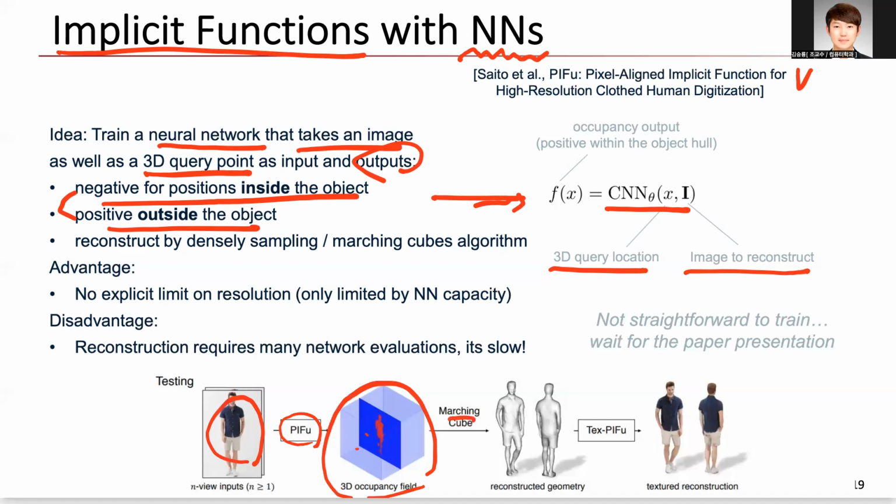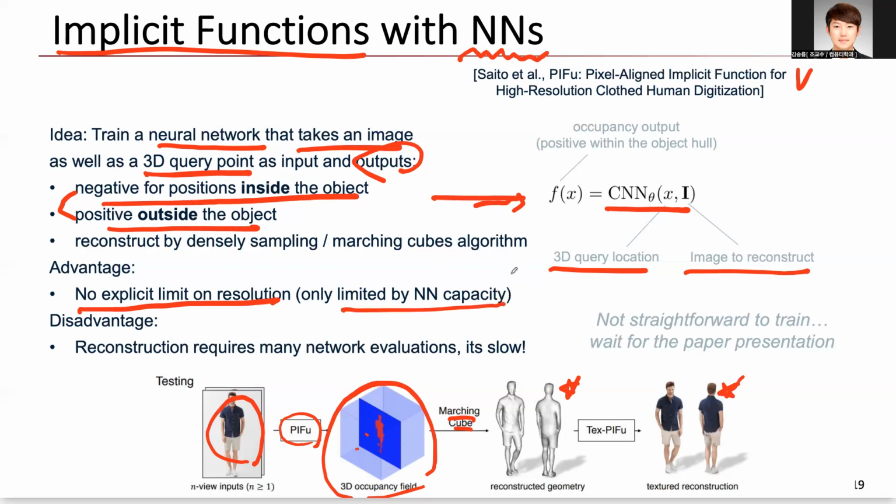Then by using the handcrafted Marching Cubes algorithm, we can reconstruct the meshes or textured 3D information. The advantage of this representation is that we no longer require an explicit 3D representation. In other words, there is no explicit limit on the resolution, such as in the box representation.